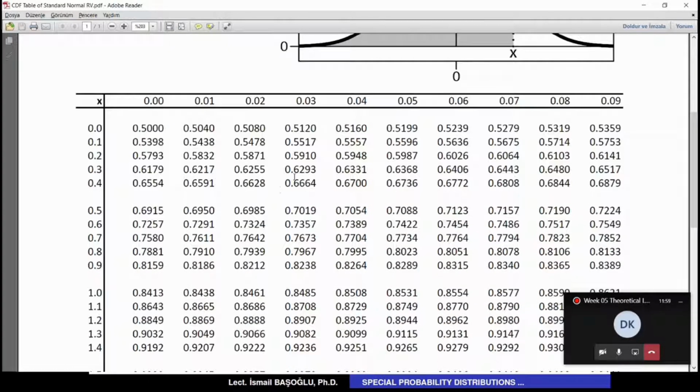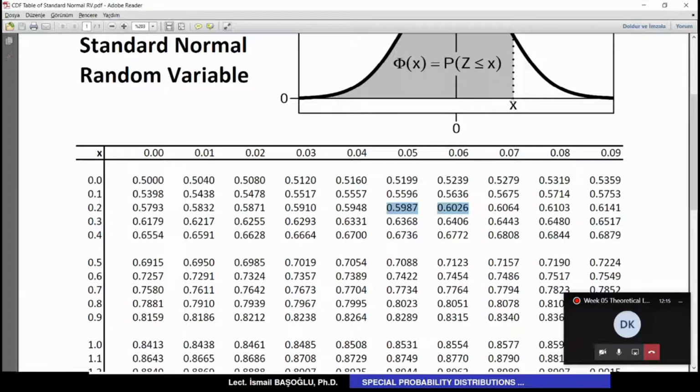So where is 0.6? It is somewhere between these two values, right? 0.5987 and 0.6026. So this means the critical x value, the threshold x value that we are looking for should be somewhere between 0.25 and 0.26.